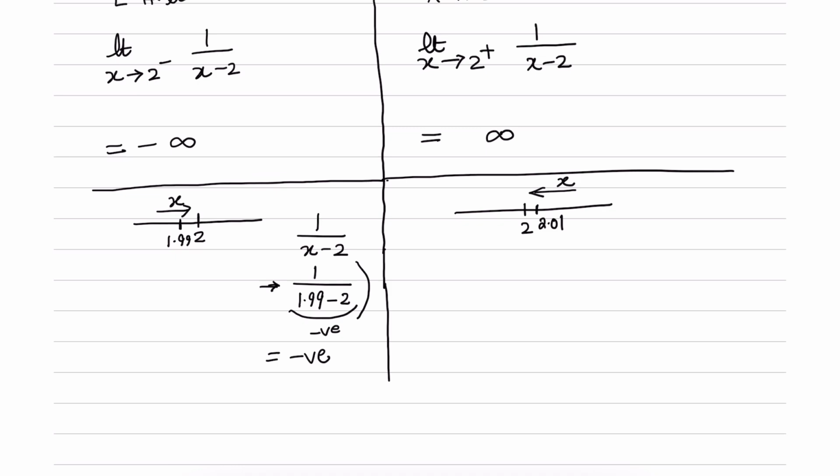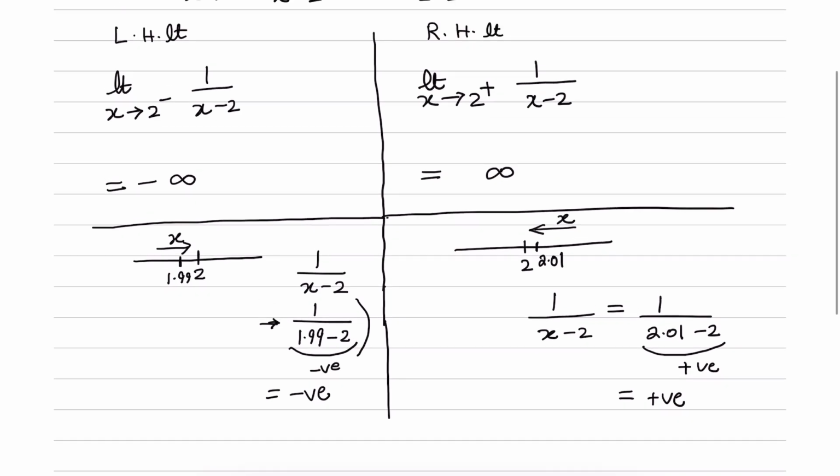Now the function is 1 over x minus 2, and we will put the value of x, which is 2.01 minus 2. Now we need the sign of this whole term. You can see that 2.01 minus 2 would be something positive. So 1 over something positive is overall positive. So we will go back up and put here plus infinity sign.